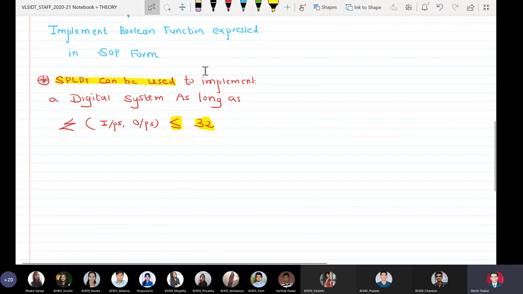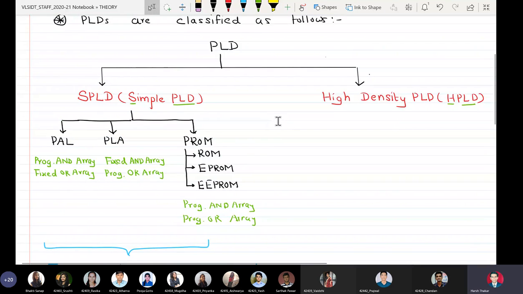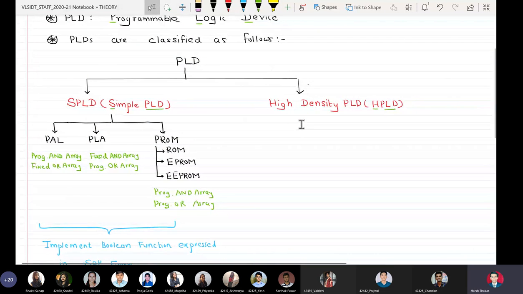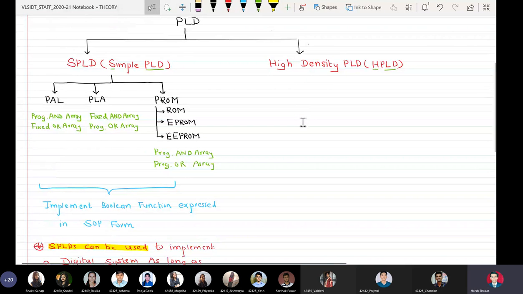Okay, so for anything greater than 32 you have to go for high density PLDs. Okay, so high density PLDs also have their own classification, which is like this.